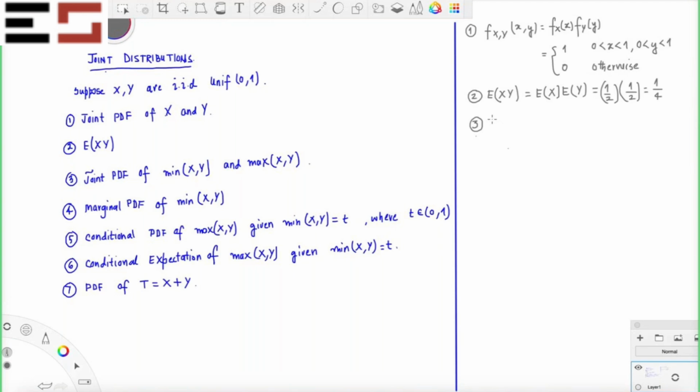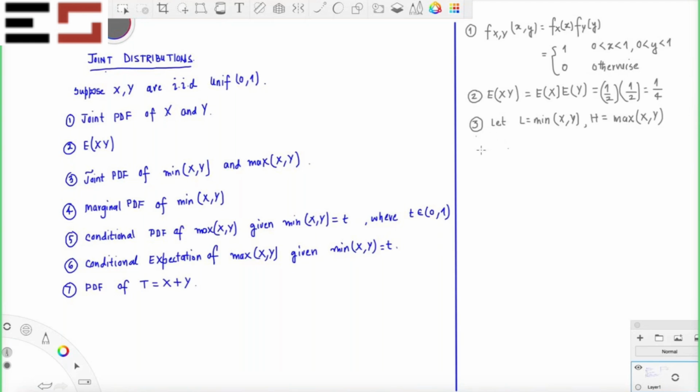So let L equal min(X, Y). L is the lower one, and H is the higher one. So H is the max(X, Y).